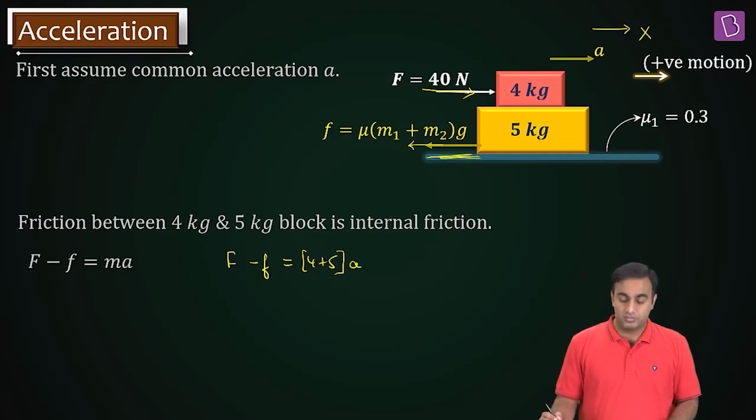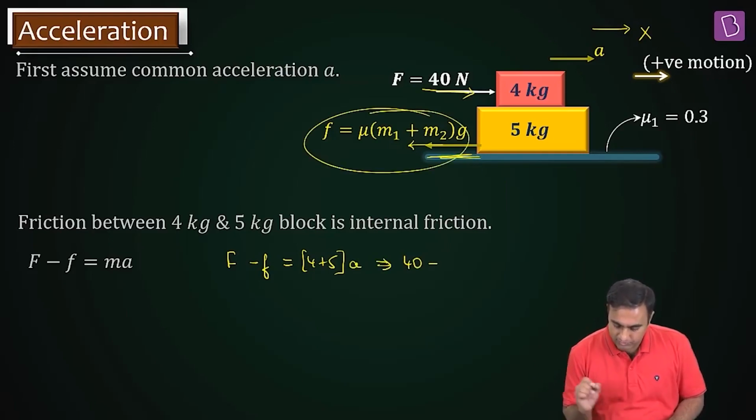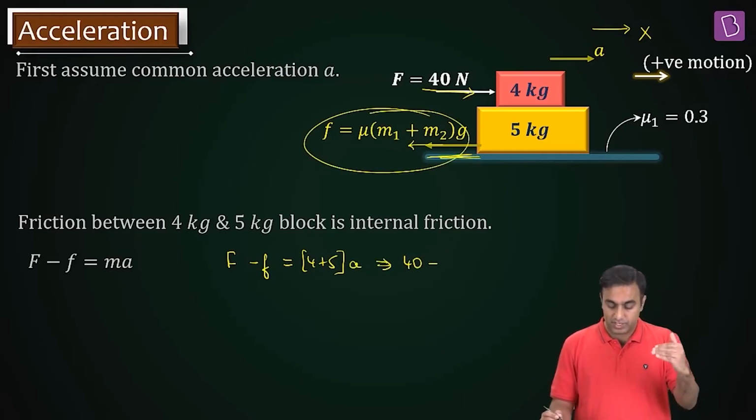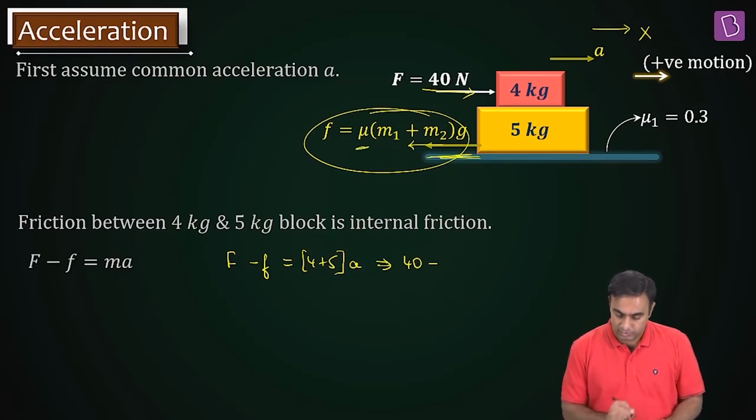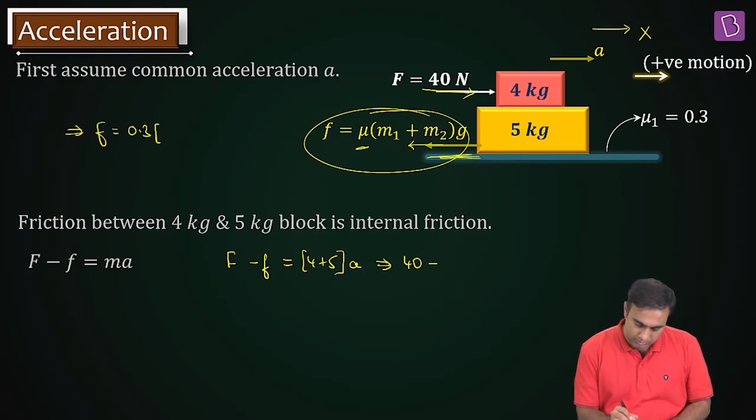Now, what is F? 40 Newton minus what is the friction acting between the surfaces of the 5 kg block and the horizontal surface? We know the value of mu. Let's find that first. f is equal to 0.3 into (4 plus 5) into 10.